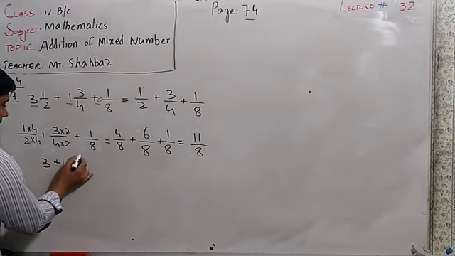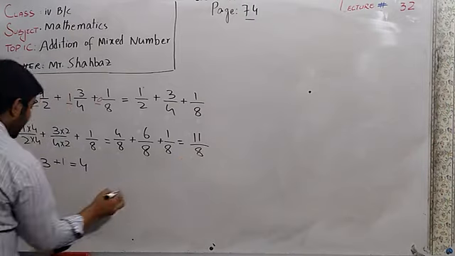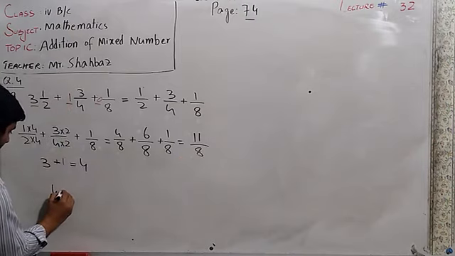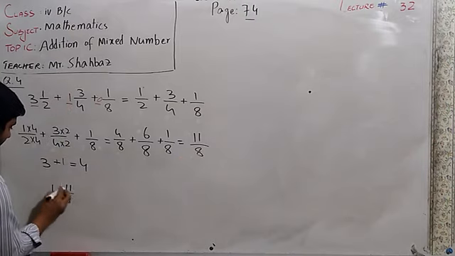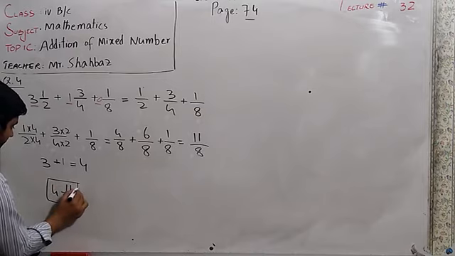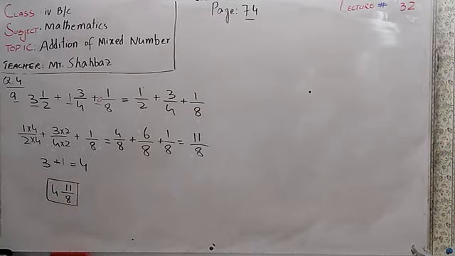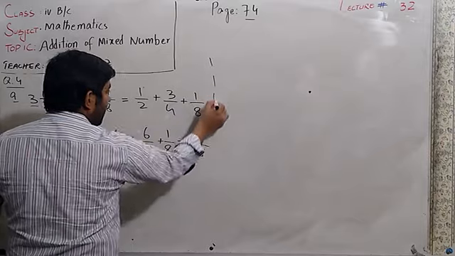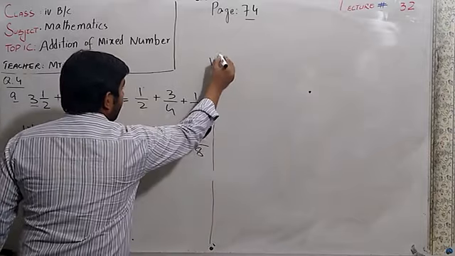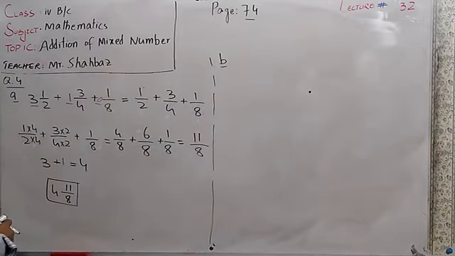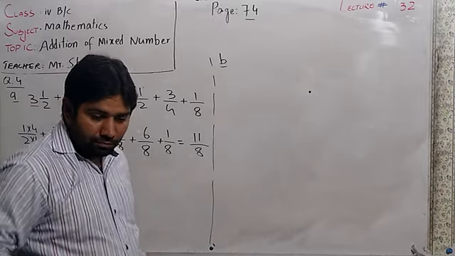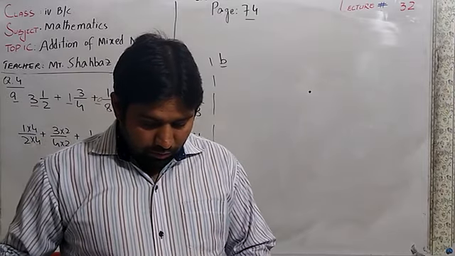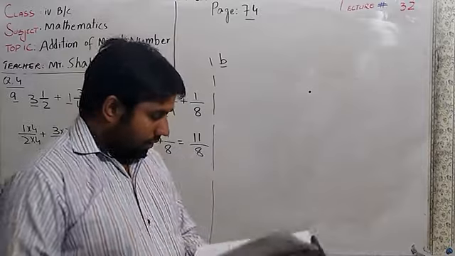Now we have to write the answer 4 whole 11/8. 4 whole 11/8. This is the answer. Next, part B is 4 whole 1/3.